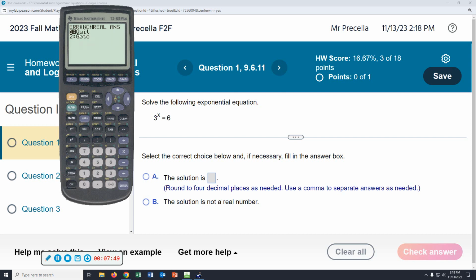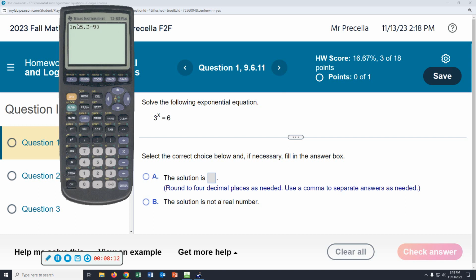Sometimes logarithms aren't defined. Well, when is that? Whenever the number after the logarithm, the argument, is negative. 5.3 minus 9, would that be a positive number or a negative number? It's negative.